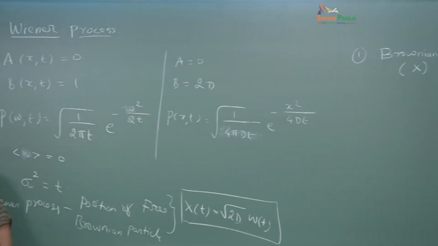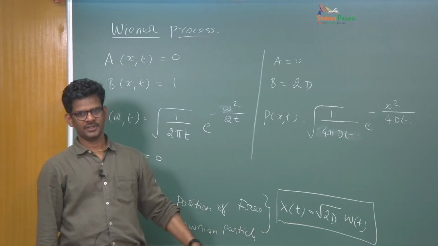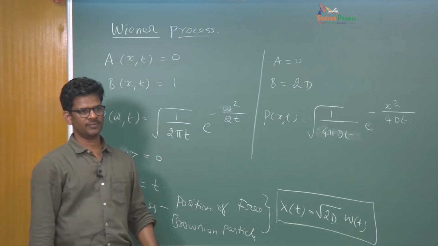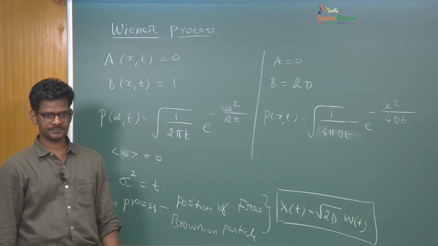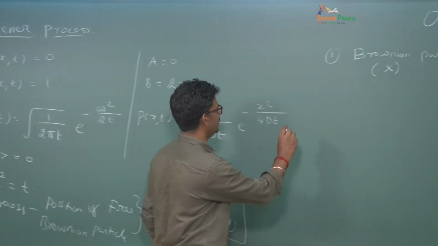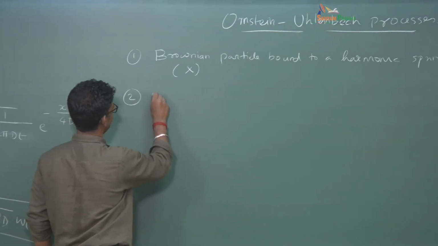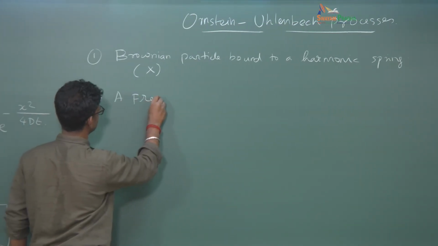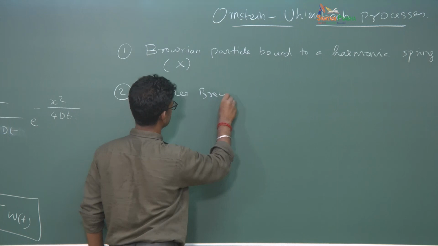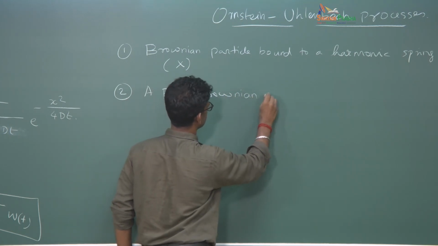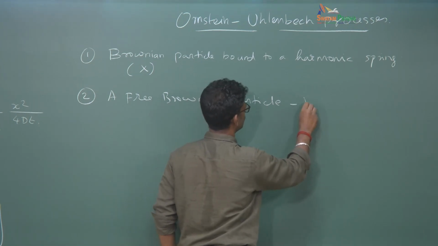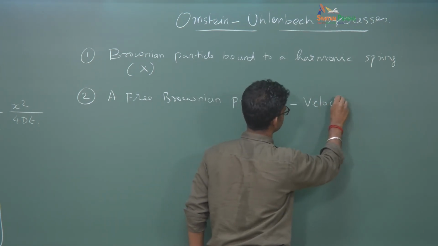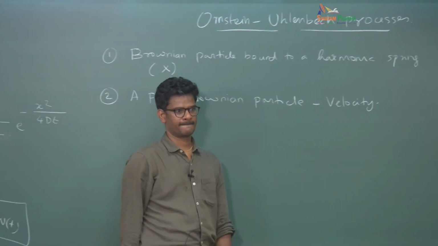We looked at this problem in the context of Langevin equation before. Now we are actually looking at the same problem from the Fokker-Planck or the continuous Markov process standpoint. The second case is a free Brownian particle whose velocity is of interest to us, right?